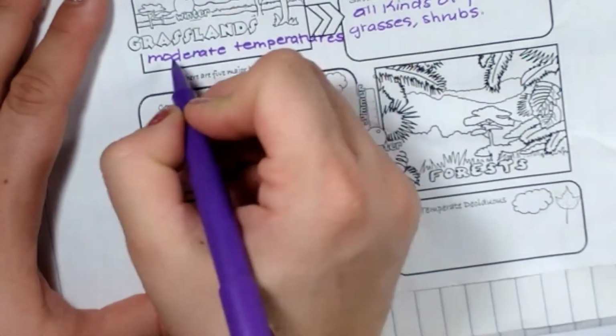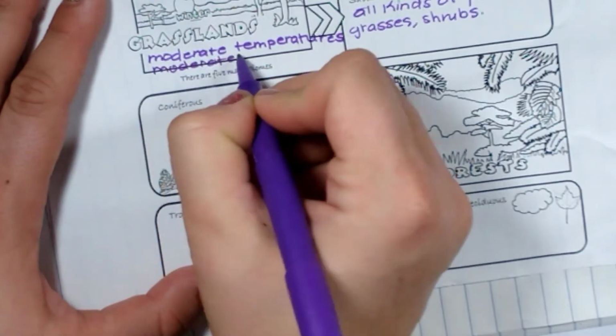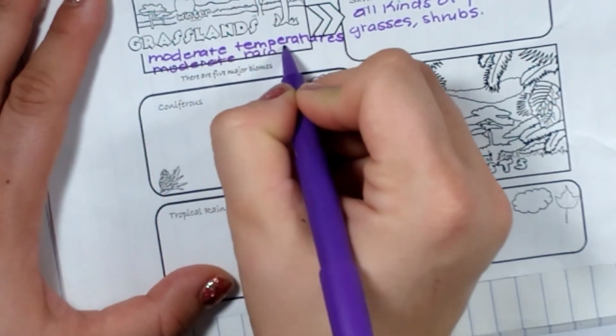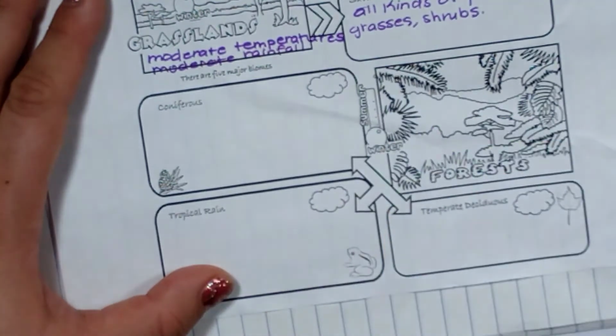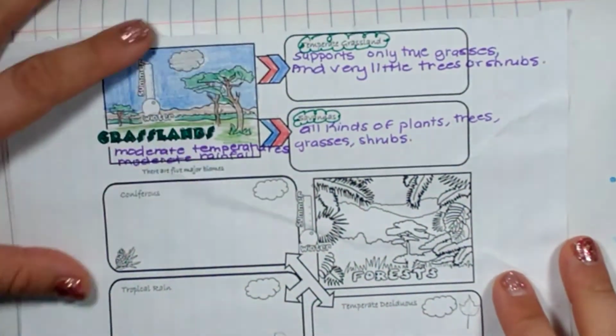It also has a moderate rainfall, meaning that it's not like a desert, but it's not always raining. Okay, there is my grassland picture all finished.